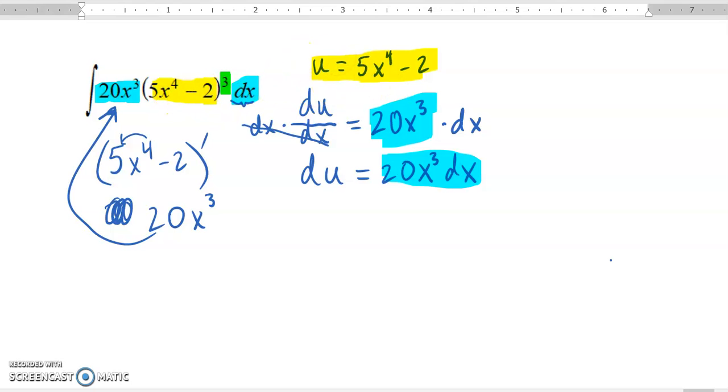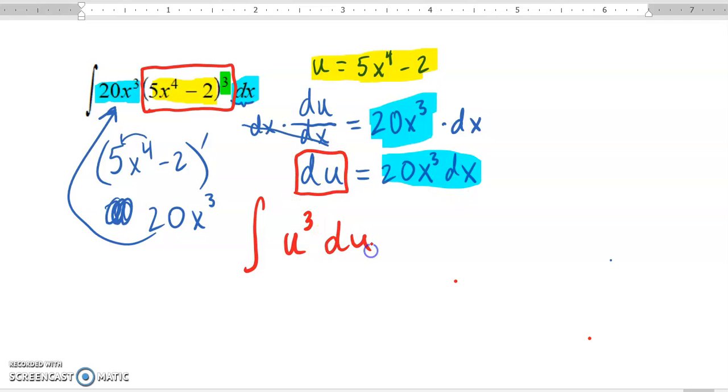My new integral is going to be the integral of u to the power of 3, and then the other part, I don't have to write 20x to the power of 3 dx. I can just write du. So I substituted for both of these pieces, and then substituted for my inside piece.